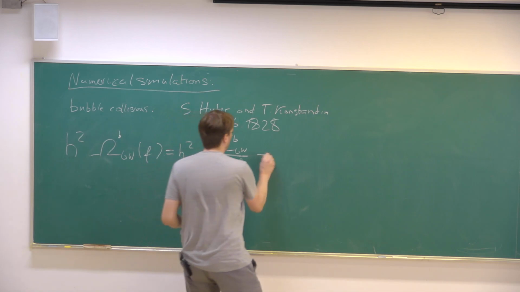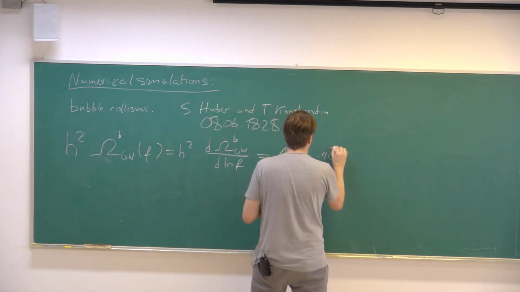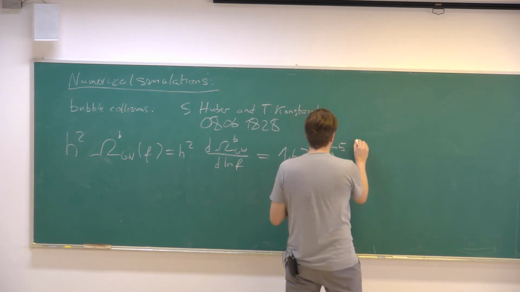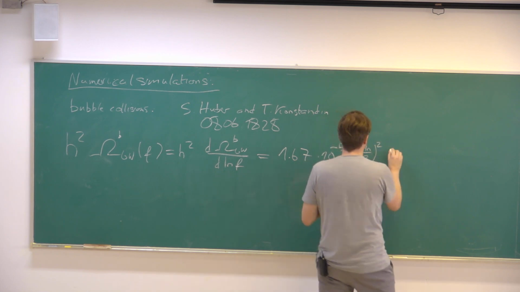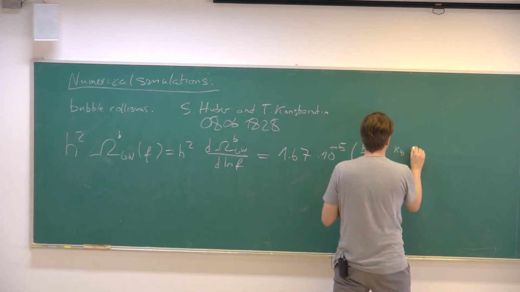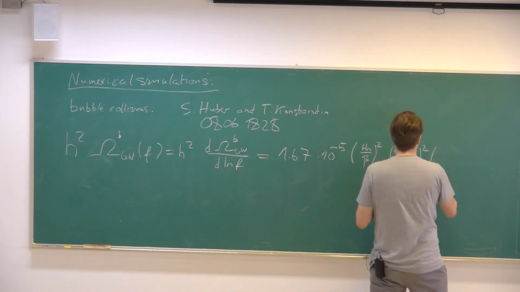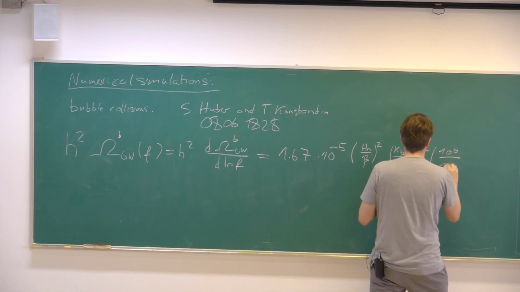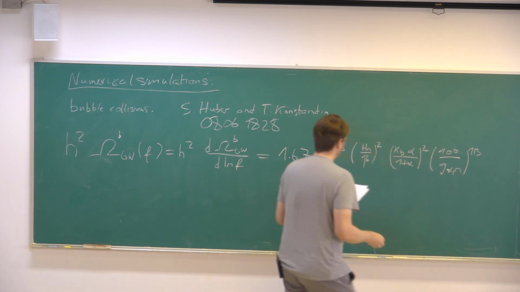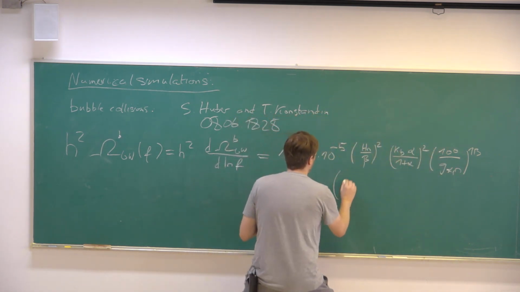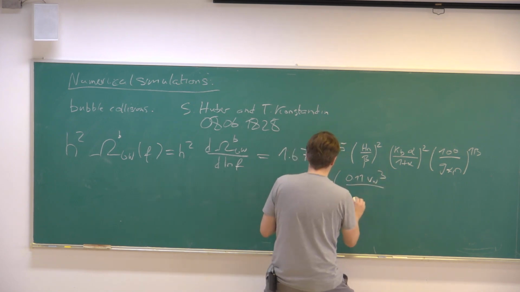Now what the simulations give you is this, 10 to the minus 5, times 0.11. I just write all this down now.